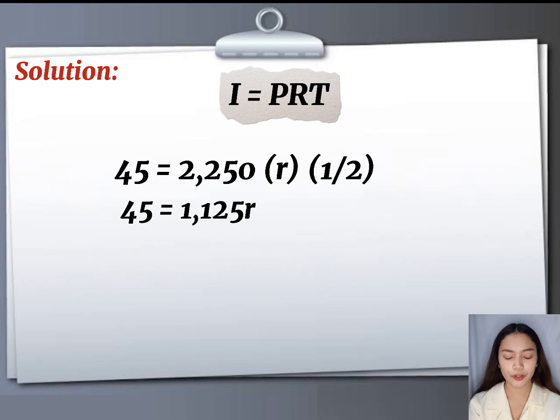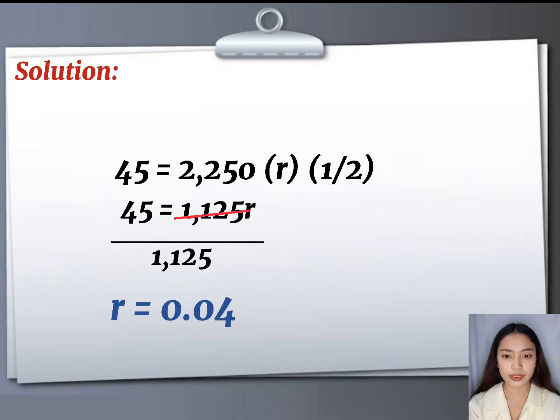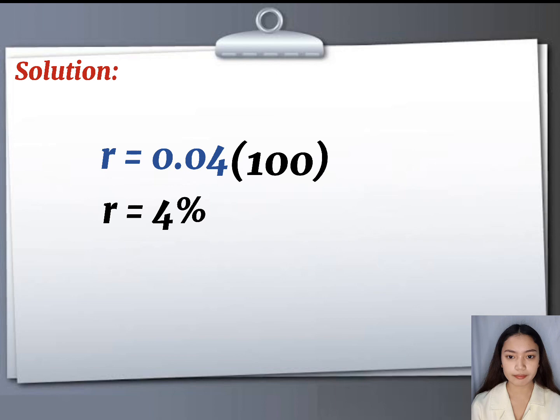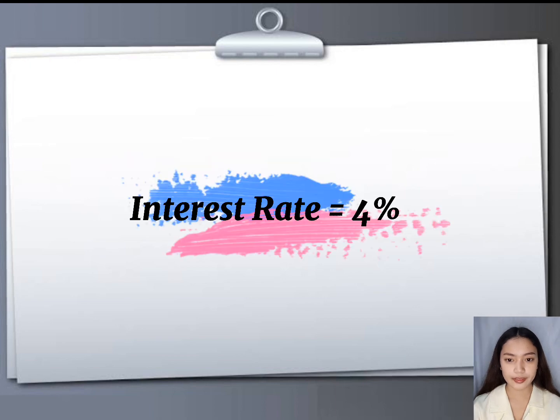So we have now 45 is equal to 1,125 R. Divide both sides by 1,125, then cancel. 45 over 1,125 is equal to 0.04. To convert the decimal 0.04 into a percentage, multiply it by 100. 0.04 multiplied by 100 is equal to 4, or 4%. Hence, the interest rate is 4%.